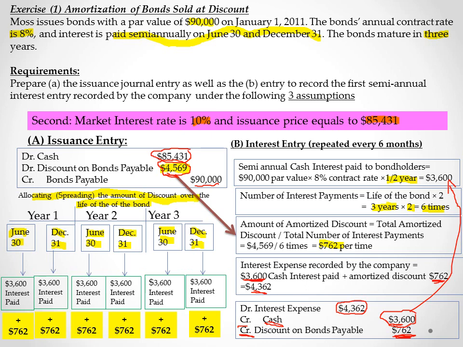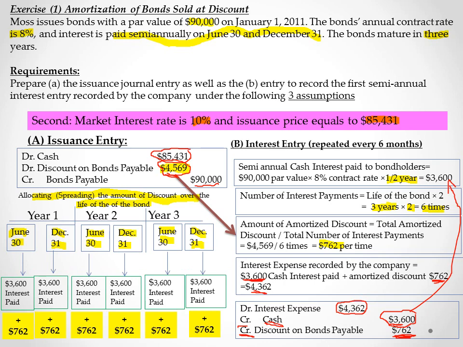So what about the interest expense? The interest expense will include 2 amounts: the cash interest paid to the bondholder every 6 months, the 3,600, plus the amortized discount, the 762. So the total interest expense that the company will record will be 4,362.